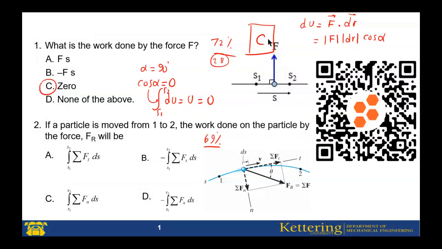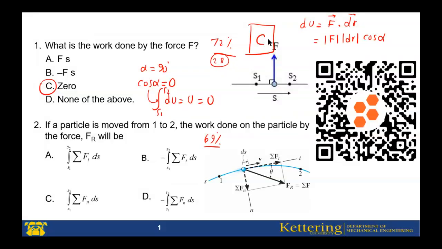Sigma Ft is the summation of the forces along the tangential direction. The summation of the forces along the normal direction is called sigma Fn. Because sigma Fn is perpendicular to the direction of the motion, or ds, if you answer this one correctly, you can easily eliminate options C and D.